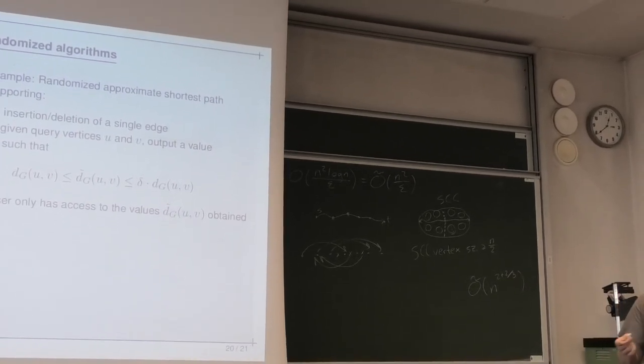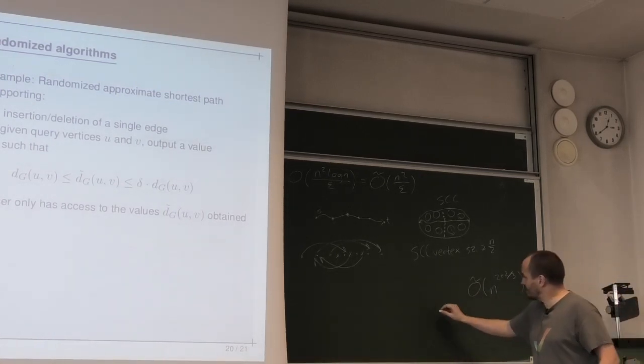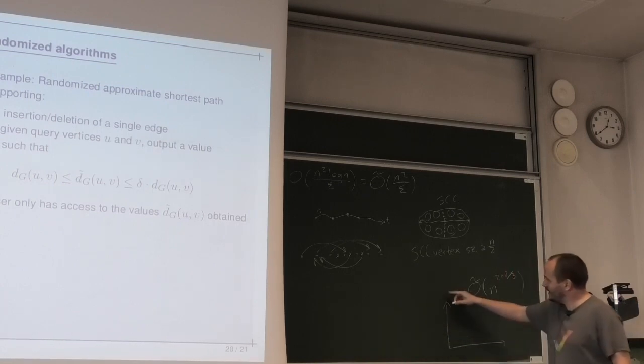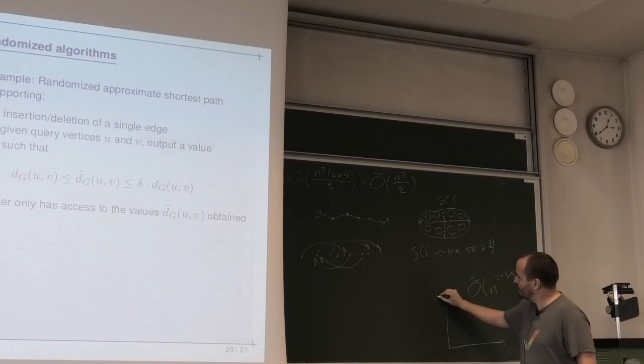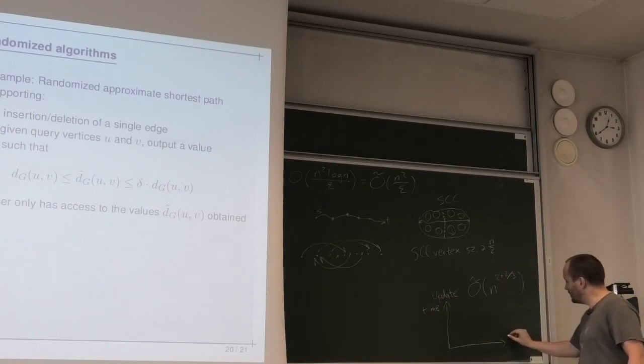But now, as you said, this is just an upper bound. So let's say we look at the update time on the y-axis and the update number on the x-axis.